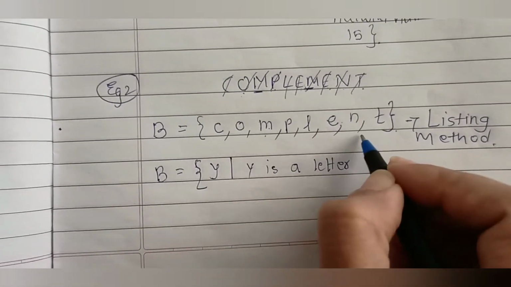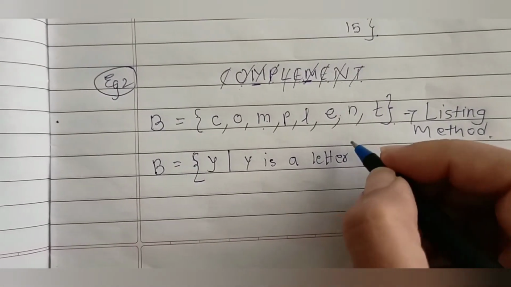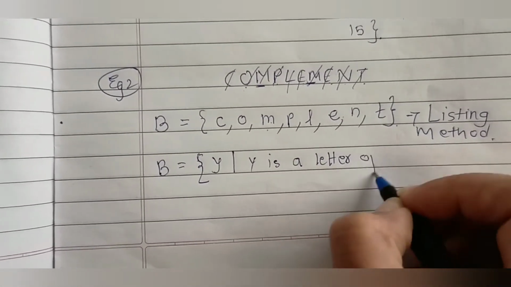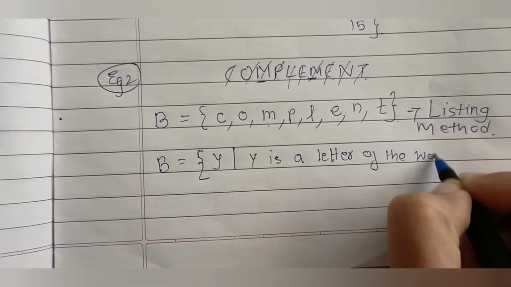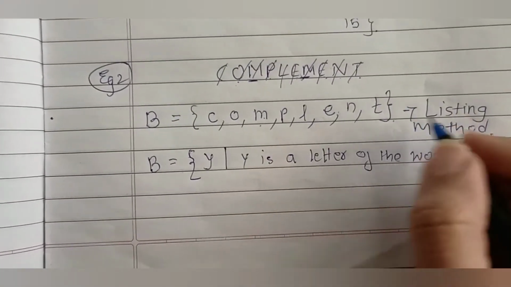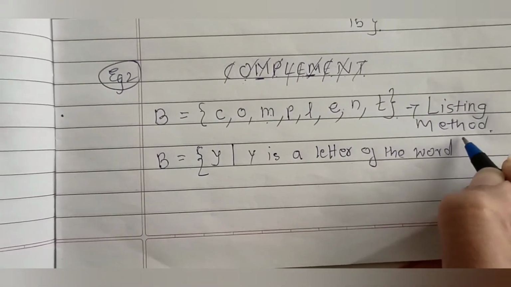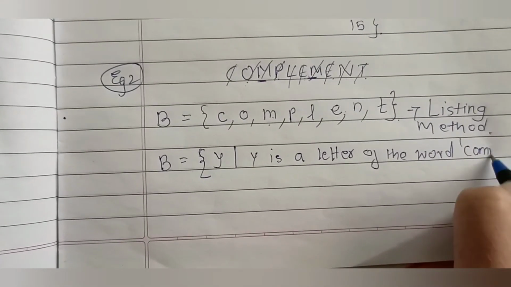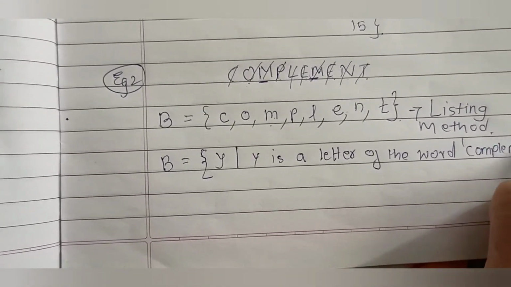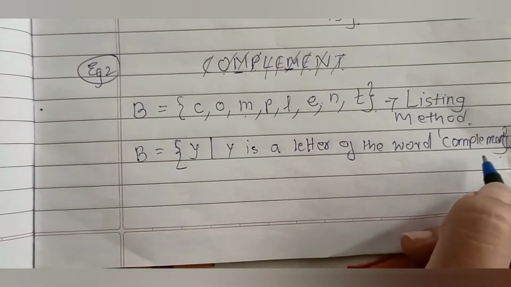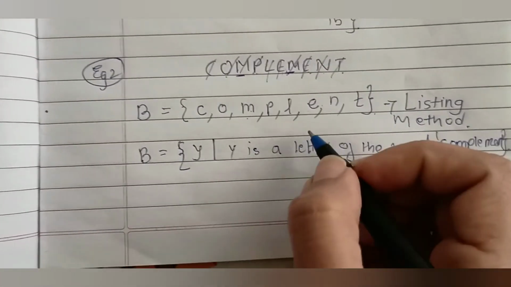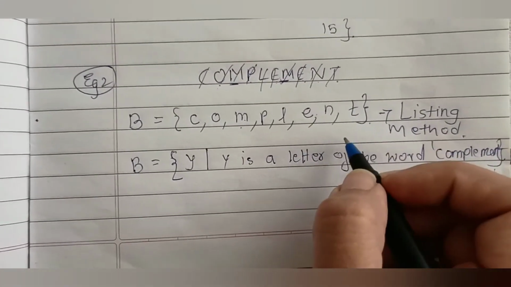All these we are going to consider as y. So y is a letter of the word. Which word? y is the letter of the word complement. So this is how in rule method we are supposed to write. So y is the letter of the word complement. So I hope it is clear.